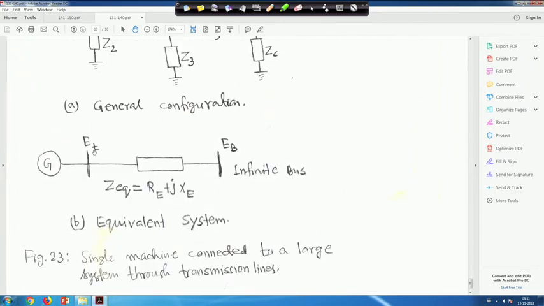This is my E t and this is my E b, and this is R e plus j x c, the infinite bus, and x d dash you also have to consider for the generator. If R a is neglected, we will consider only x d dash.